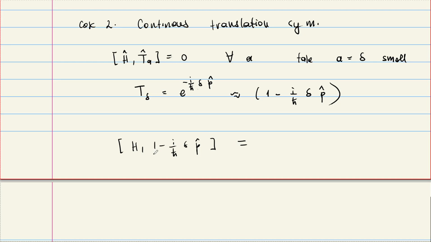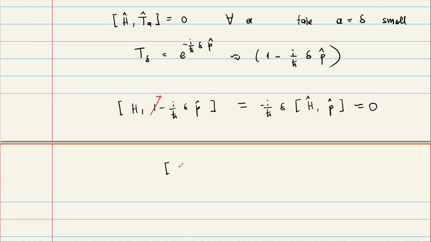This is a constant, and a constant just commutes, so we can get rid of that. This is an overall constant, we can also get rid of that. This means minus i over h bar delta, commutator of H and p. H is an operator, p is an operator. And what is it? This is 0.